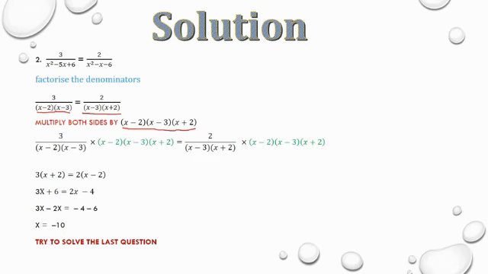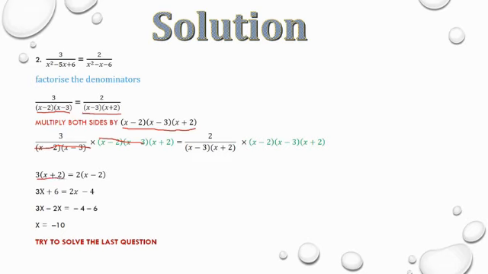So we actually multiply both sides of the equation by our LCM of the denominators. So if we multiply our LCM of the denominators by the elements on the left hand side, the (x minus 2)(x minus 3) will cancel out the (x minus 2)(x minus 3) on the denominator, and we are left with 3 multiplying (x plus 2).